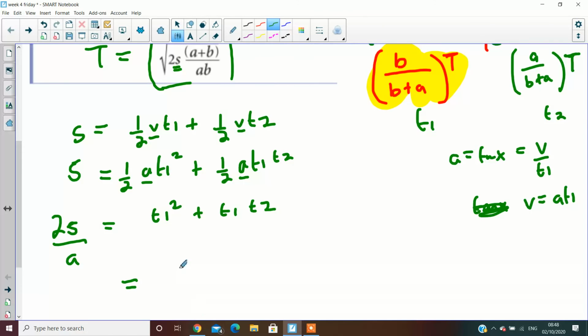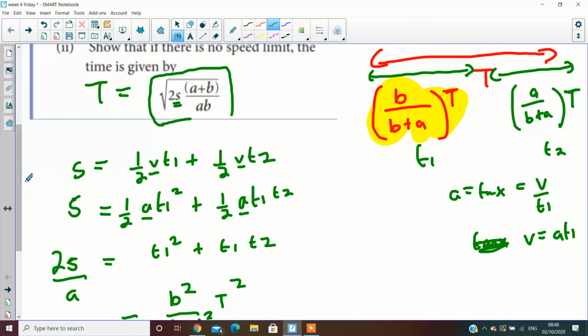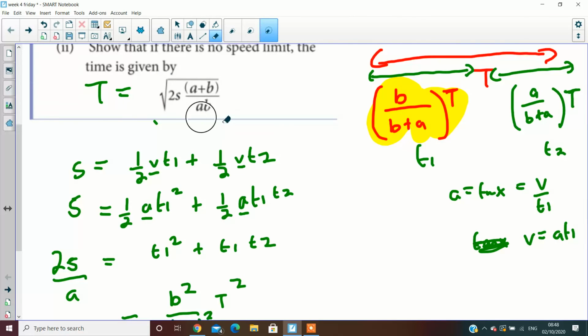B squared over B plus A squared and T squared. Are we relieved to see the T squared? Is that a relief when you look at your answer? Why is it a relief? You got the square root at the end. So that should send a message to you that what you're doing is correct. You're on your way. It's going to work out.